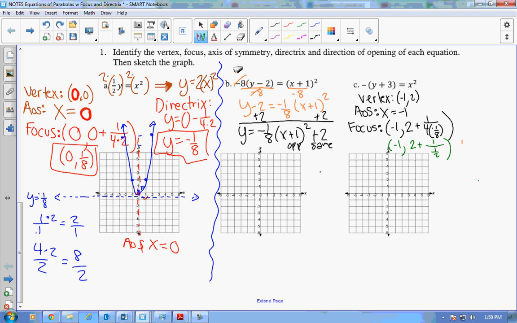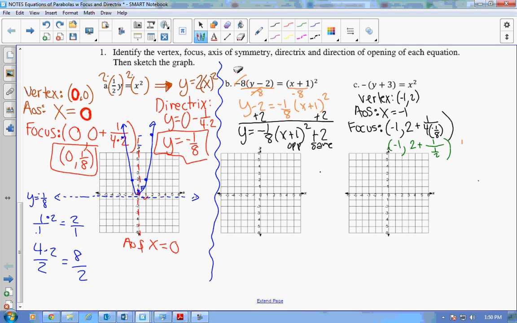How do we divide by a fraction? Not magic. What did you say? Multiply by the reciprocal.